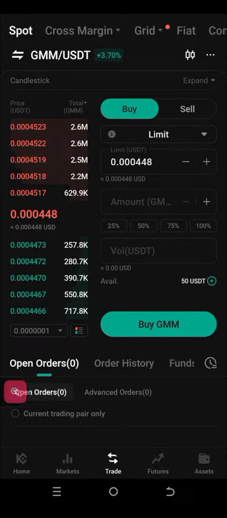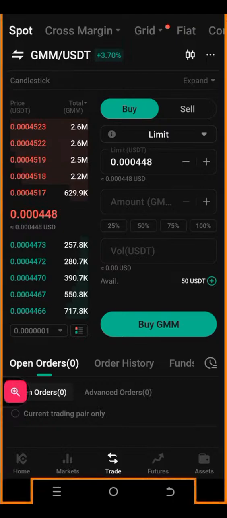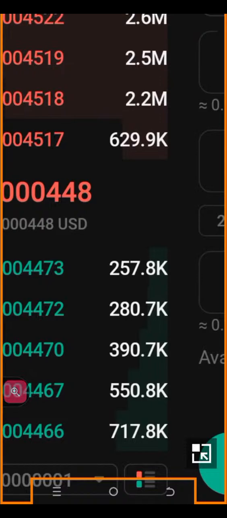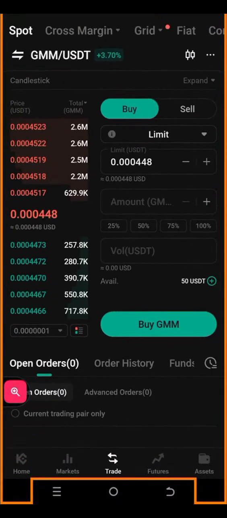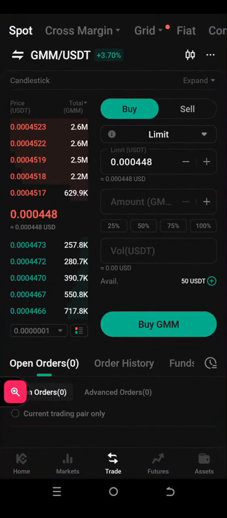I'm seeing we have 257,000 here, we want to buy, and we have 629K. So at least we have enough. Because if we're buying 100%, we're supposed to get 111,000. So it's good either way.